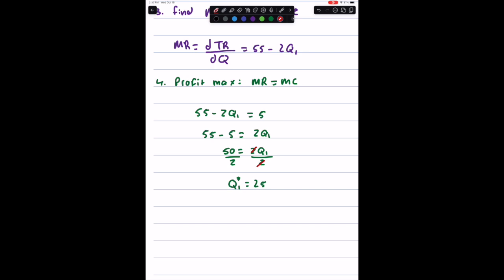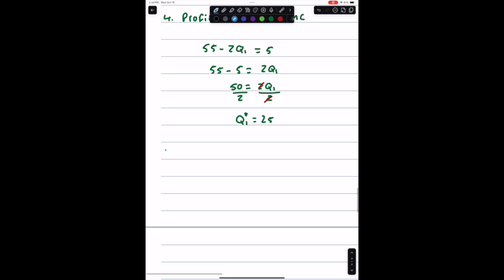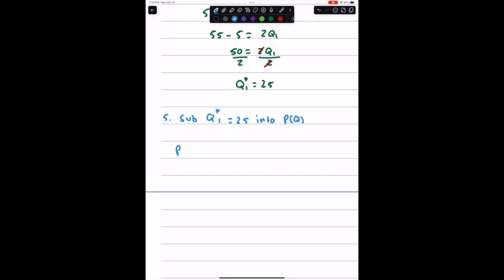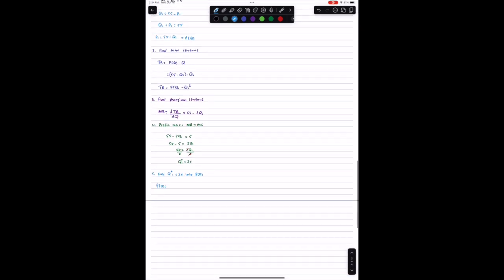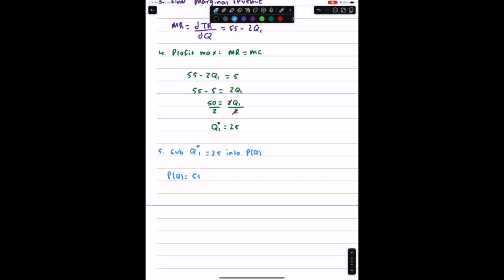Okay. Now, step 5 is we're going to substitute Q1 star equal to 25 into our P of Q function. We calculated P of Q to be equal to 55 minus Q1.